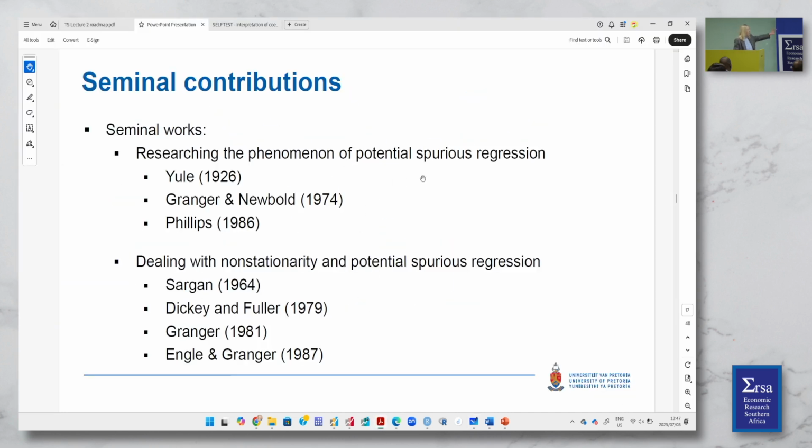And these are all the people that help us, all the scholars that help us to understand that. I think this was kind of full circle to understand the implications of non-stationary data.